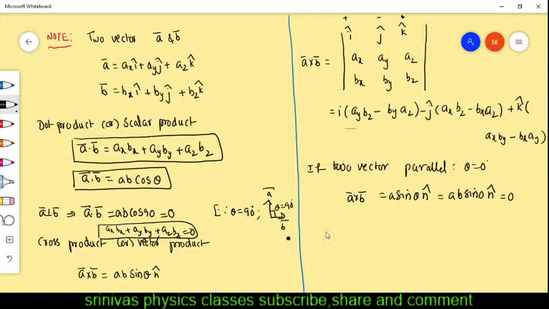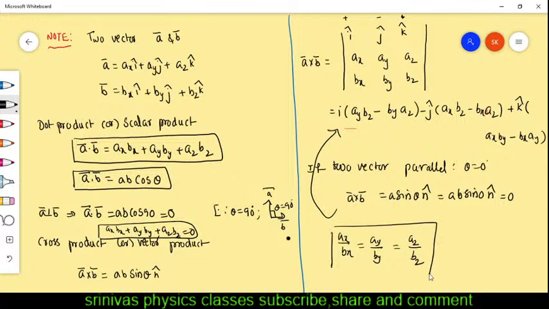A bar cross b bar is equal to 0. This condition you substitute in this equation, and finally simplify it. You will get one condition. I'm not going to derive it: ax by bx equals ay by by equals az by bz.